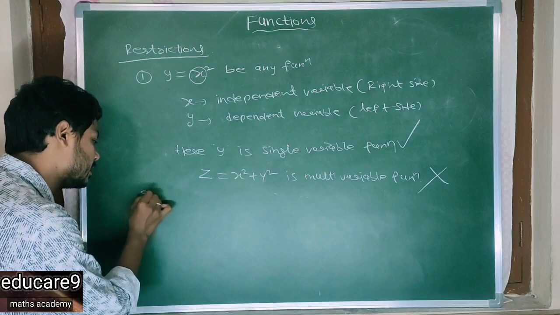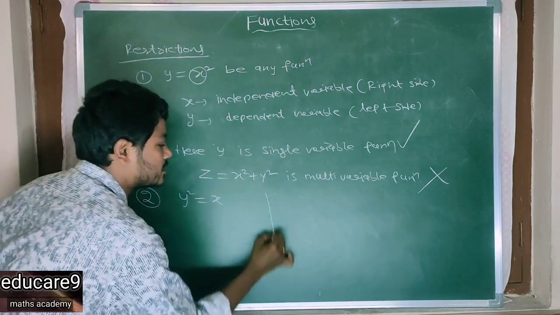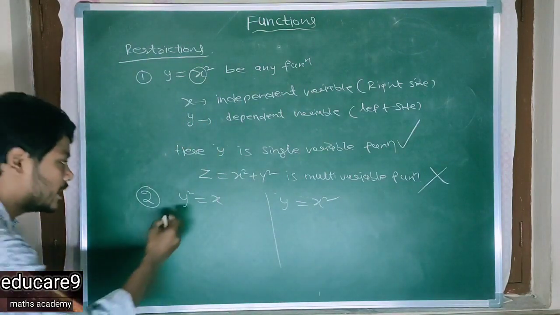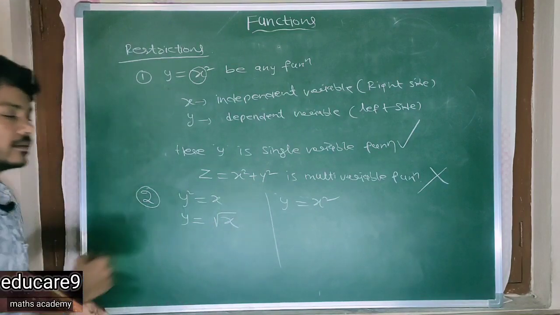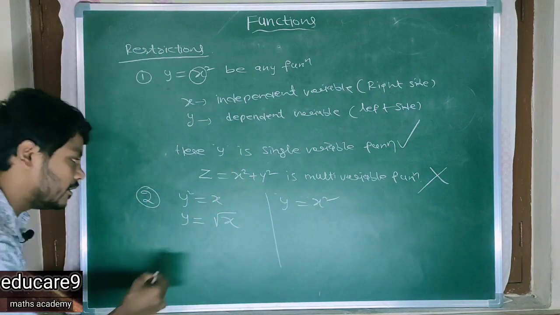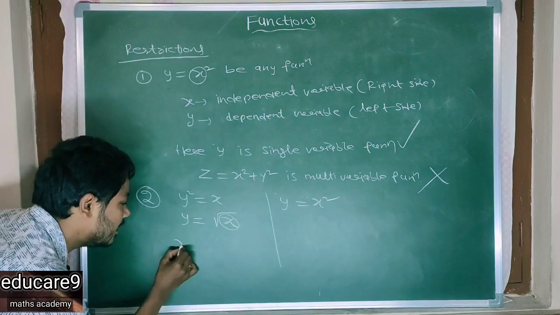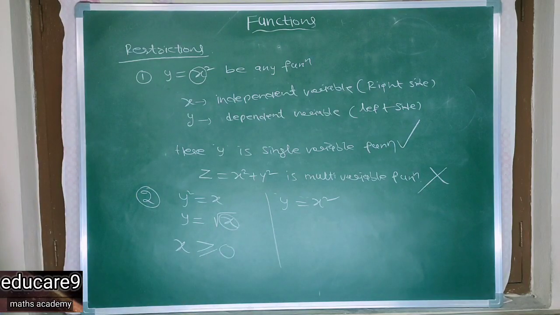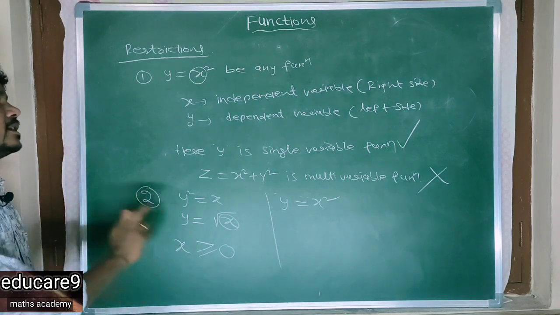And second restriction, see the examples. y square is equal to x, y is equal to x square. So here y can be written as root x, and here y is equal to x square. If root values are there, then x is always greater than or equal to 0. So this is one restriction.